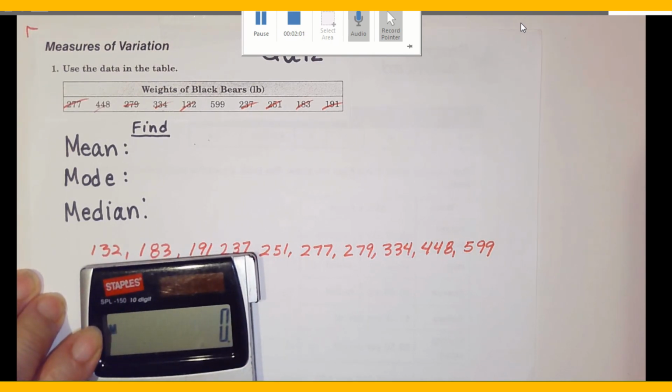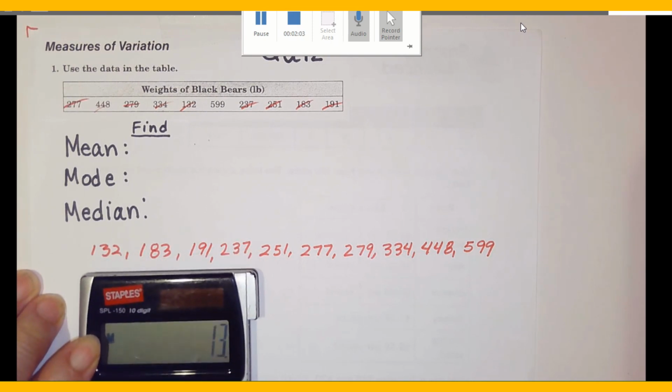So we have 132 plus 183 plus 191 plus 237 plus 251 plus 277 plus 279 plus 334 plus 448 plus 599 equals 2,931.